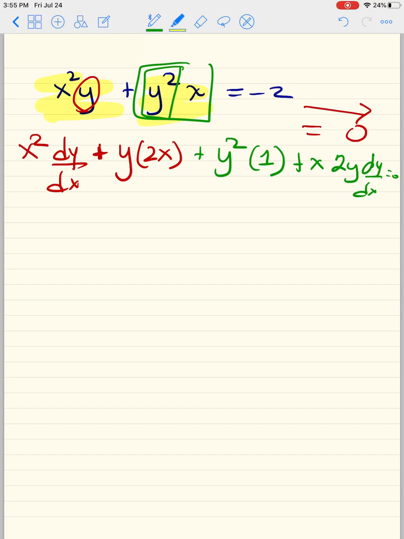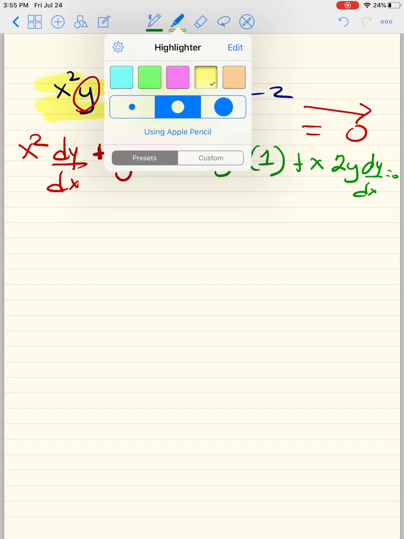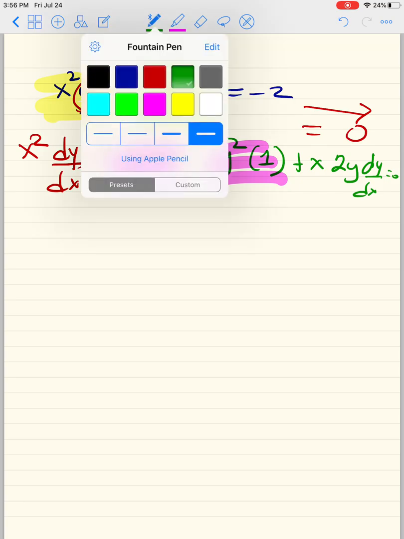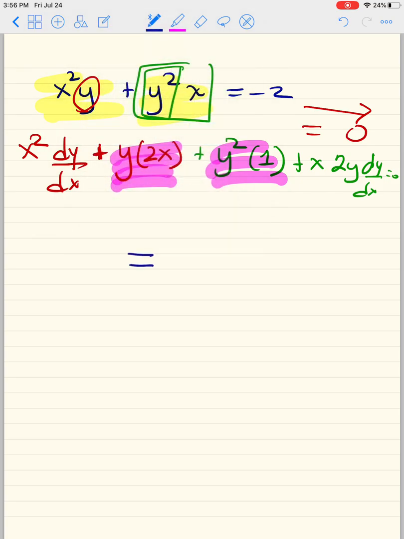And if you're going to clean this up, you have to collect terms. Anything that doesn't have a dy dx, that's him and him, bring it over to the other side. So what I'm going to do, especially for students who are very advanced with this stuff, is opposite sign, opposite sign. So it's going to be minus 2xy minus y squared. That's how you bring them to the other side, okay?